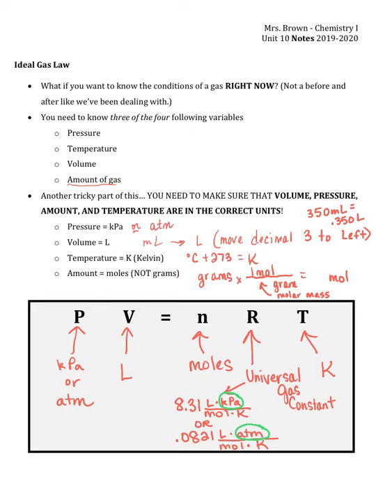So if you are using your pressure unit of kPa, you're going to use the R value of 8.31. If you're using atmospheres, you're going to use the R value of 0.0821. So you just have to match it up, whichever one fits.